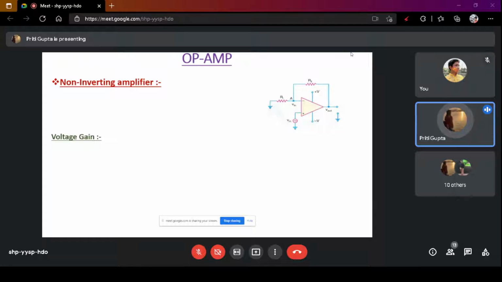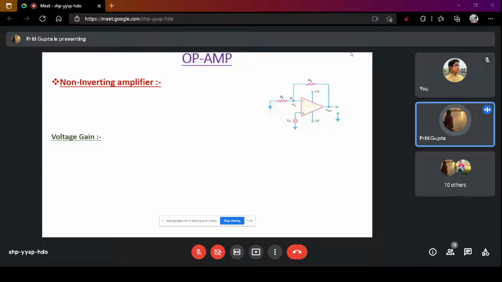Here the amplifier is operating under negative feedback. What's your opinion? Still negative feedback. The feedback path is connected to the negative terminal only.